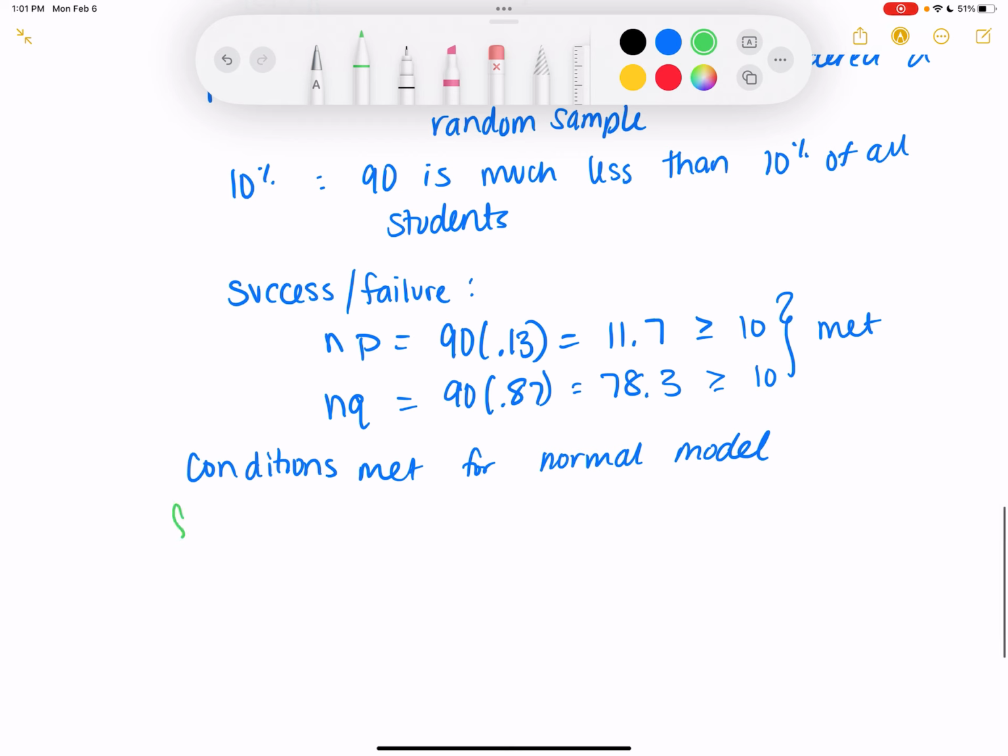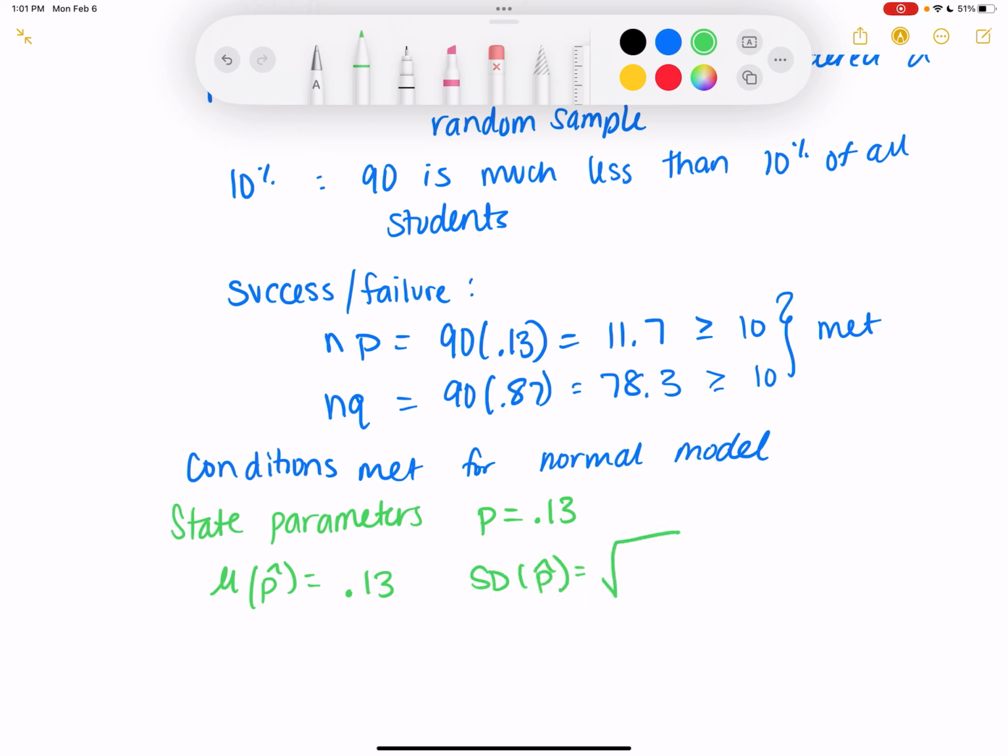So we state the parameters. P is equal to 0.13, so that's the success, that we find a left-hander. So the mean of P hat is 0.13. The standard deviation of P hat is equal to the square root of PQ over N, which is the square root of 0.13 times 0.87 divided by 90, which is 0.035.